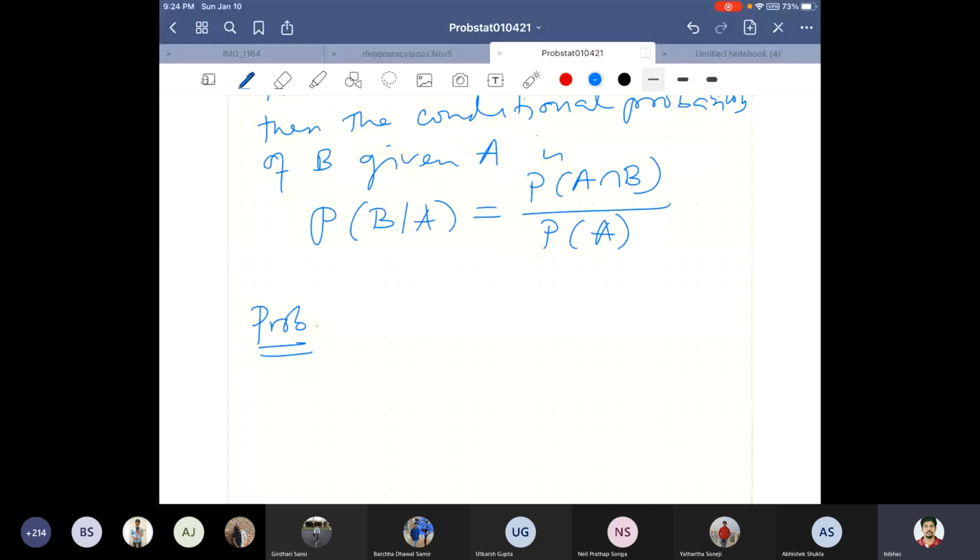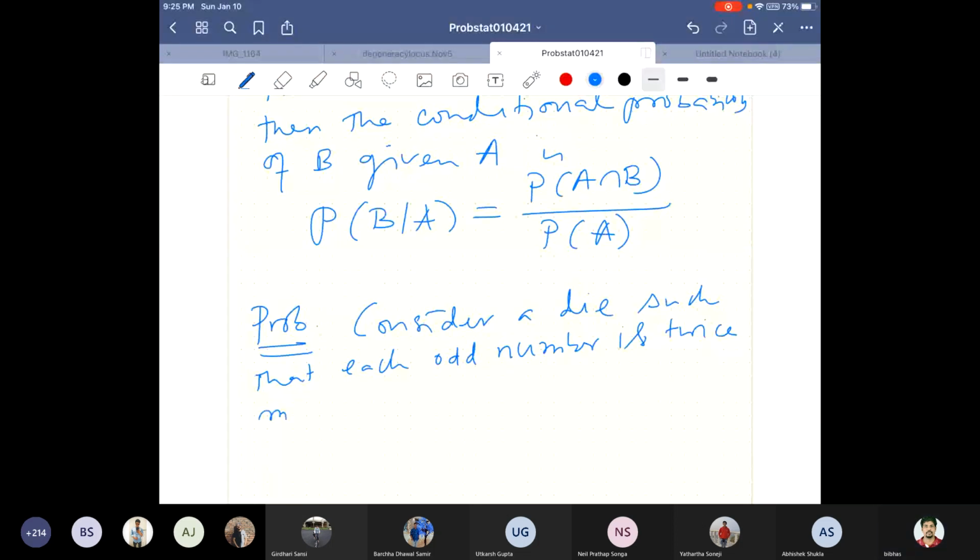So consider a die such that each odd number is twice as likely to occur as each even number.